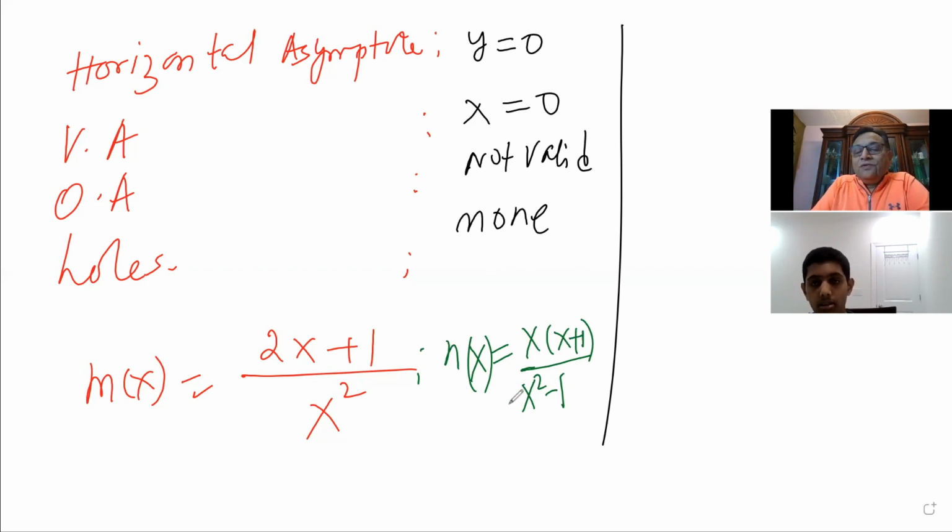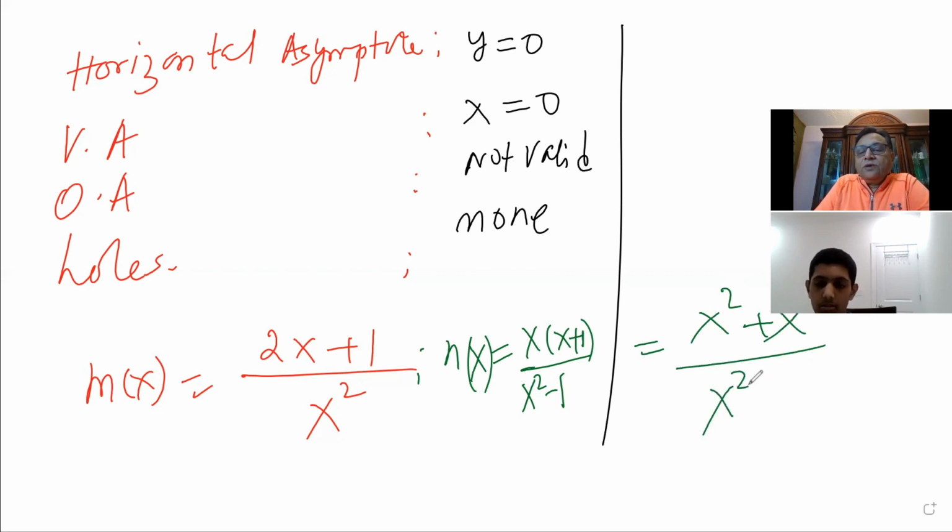No, it is the coefficient ratio. See, in this case, I could write this as x squared plus x divided by x squared minus 1. Do you see the degrees are the same? When the degrees are the same, the horizontal asymptote is the ratio of the leading coefficients, correct? So y equals 1.